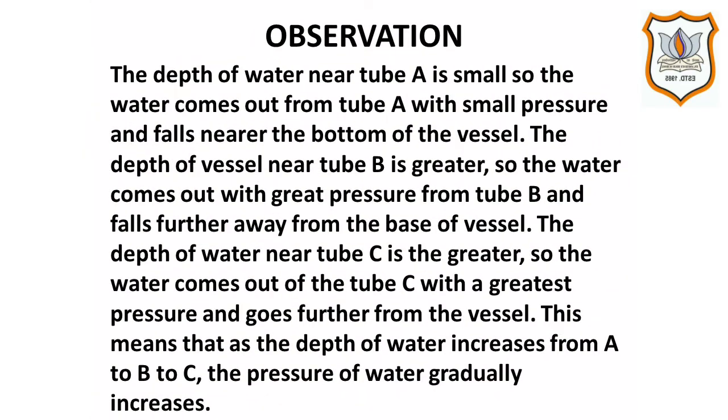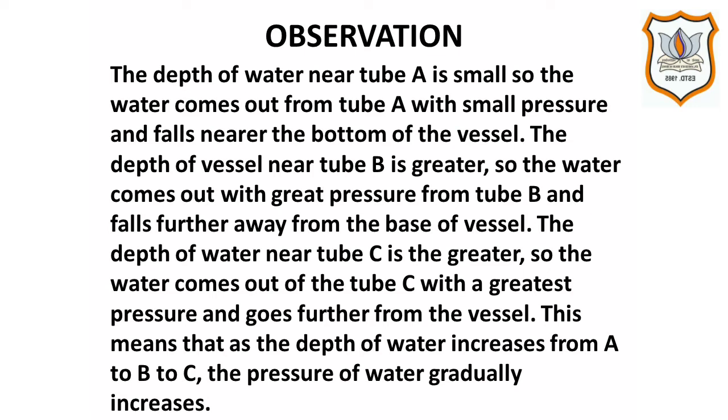From this activity, we get the observation that the depth of water near tube A is small. So the water comes out from tube A with small pressure and falls near the bottom of the vessel. The depth of water near tube B is greater.